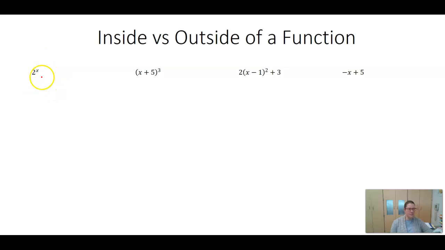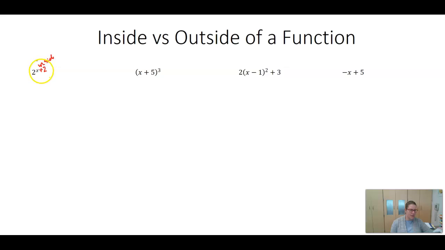So this first function, my parent function here is exponential because it's raised to the power of x, right? The x is the exponent, which means this is exponential. This one is actually a parent function, 2 to the x. So this one has no transformation happening inside or outside. But if I were to add, for example, a plus 2 up here in the exponent so that the plus 2 is with x, if something is with x, that means it's on the inside of the function.